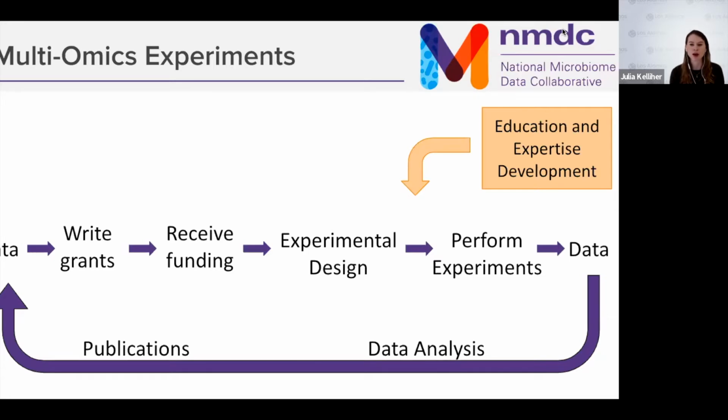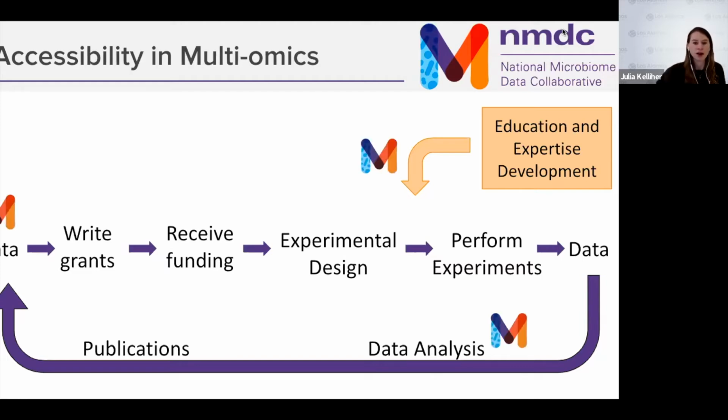So we also have the component of educating the PIs and the researchers that enter this ever-present cycle of the grant writing process and the scientific process. We have that as an important component in the multi-omic experimental cycle.